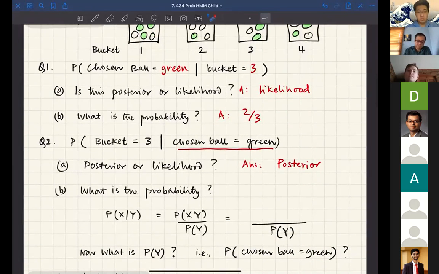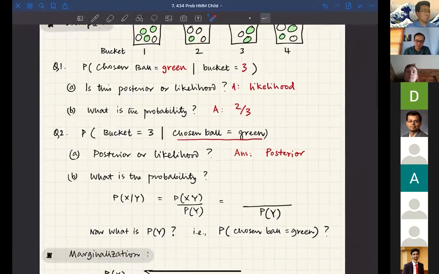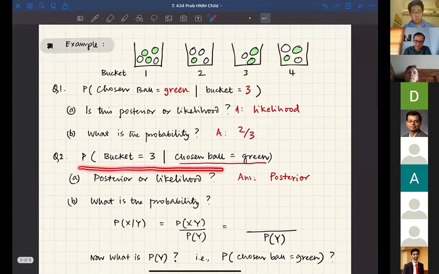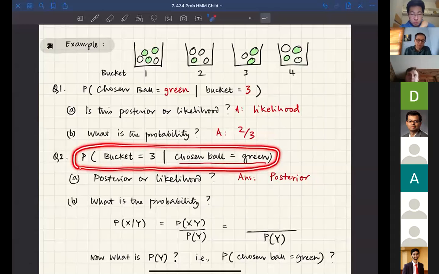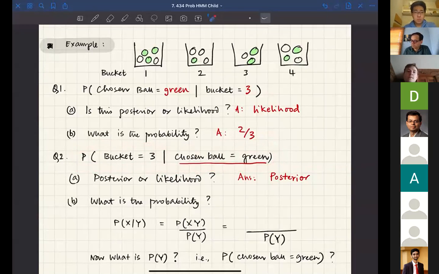Very good. What is the probability? Now find the answer to this question. Probability of bucket equals 3 given chosen ball equals green. Who can give me the answer? Is it 1/8? Really? Ooh, okay.